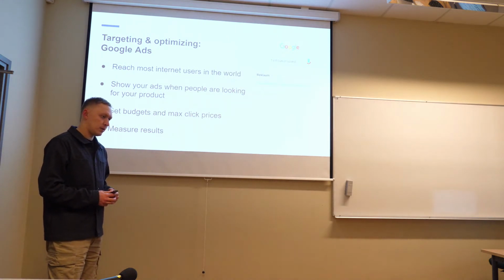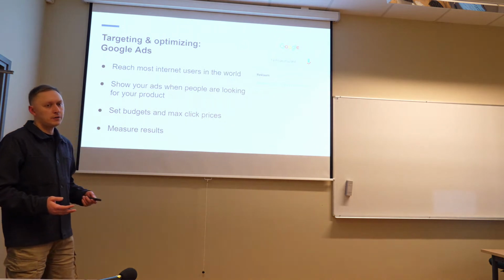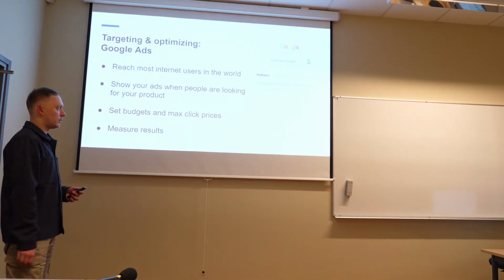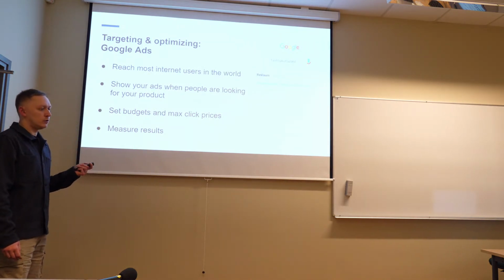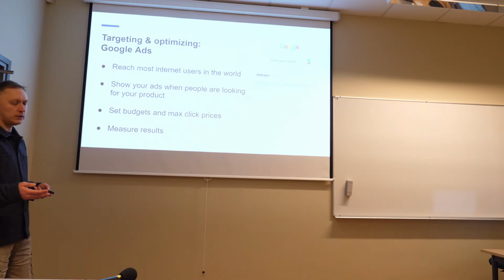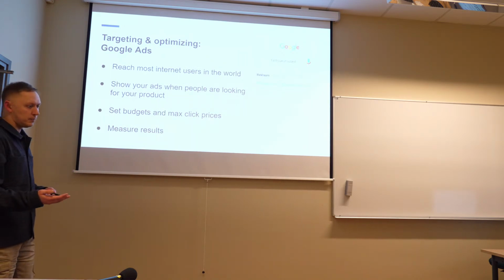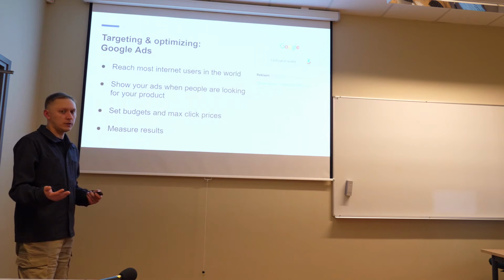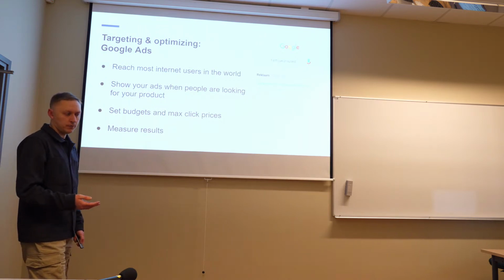We have banner blindness. You don't have the intent, you just want to read the news. But if you advertise on Google, then you automatically reach people who are looking for your product.